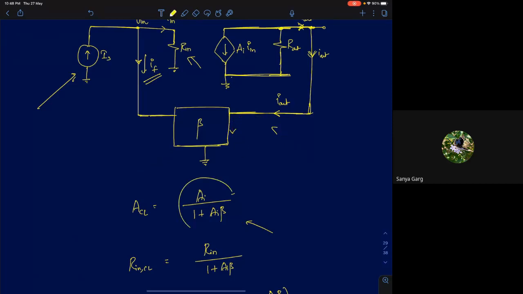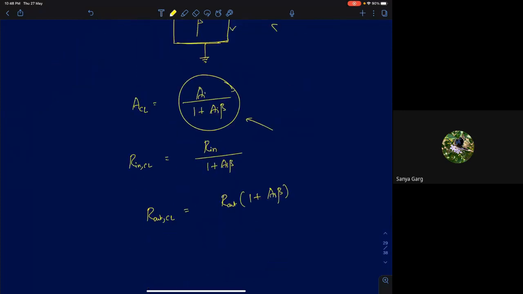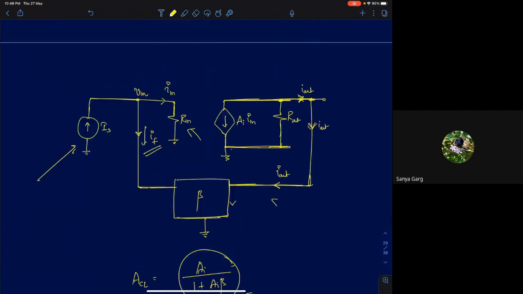So what you get here is AI by 1 plus AI beta. The closed loop input resistance, what we have seen before, was getting reduced by a factor of 1 plus AI beta. And that made intuitive sense because we said that the input current is now reducing by a factor of 1 plus AI beta. So therefore, the voltage across Rin is also reducing.